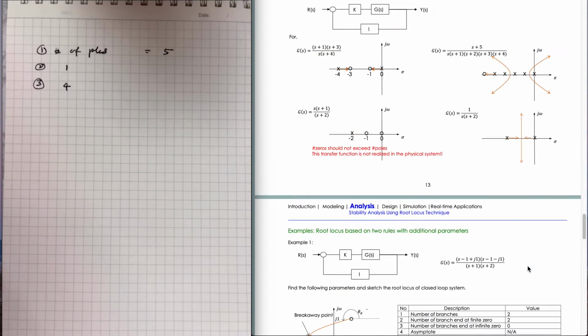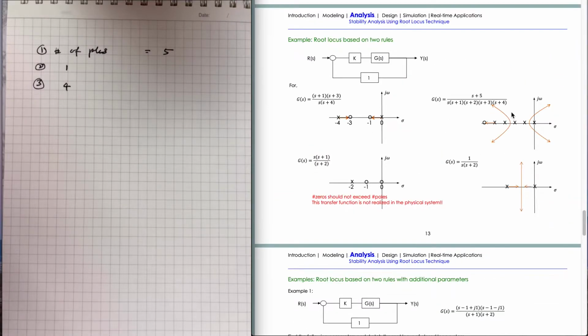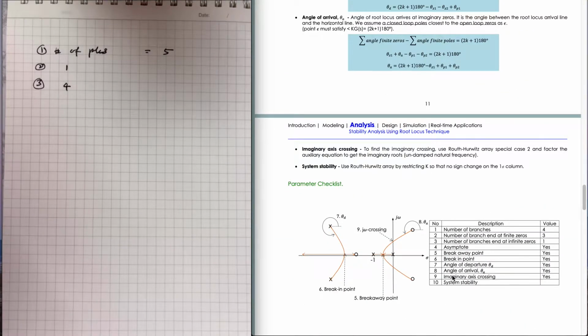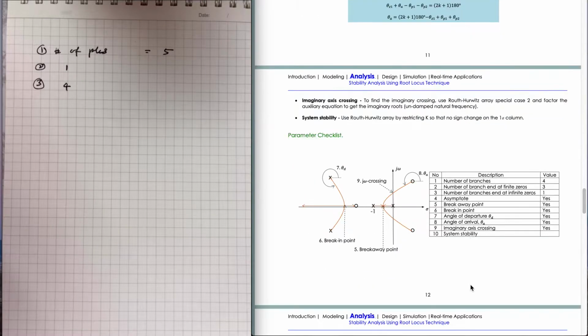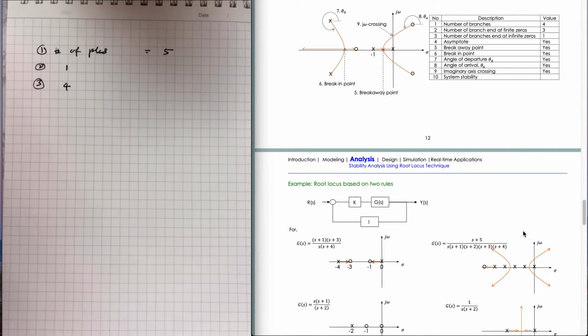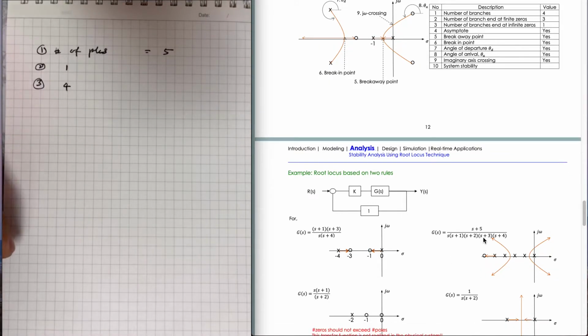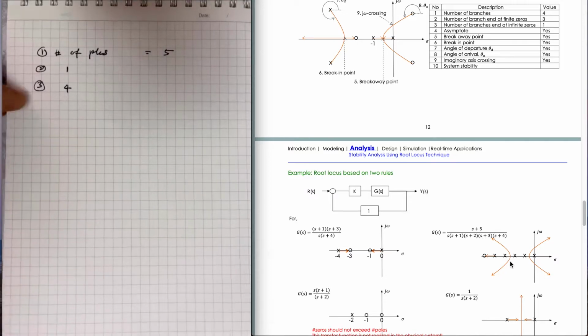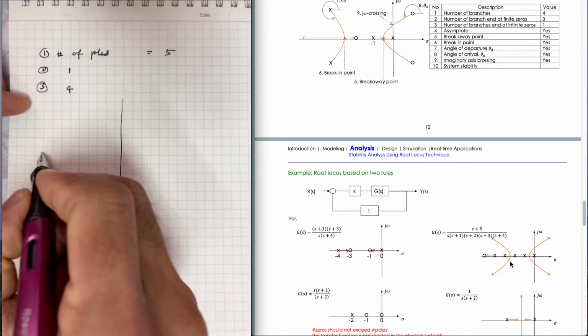In this case we don't have a complex zero or complex poles, so we don't have these two angles. Imaginary crossings could be yes or no, depending. Later on we need to determine whether this is moving in this direction or this direction. In this case, you can say yes. From here we can simply sketch.